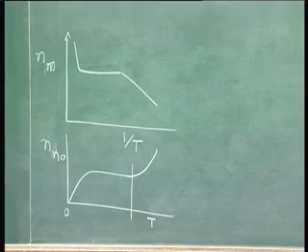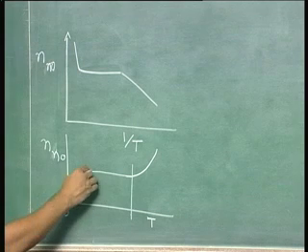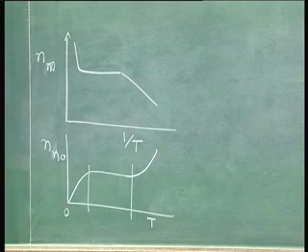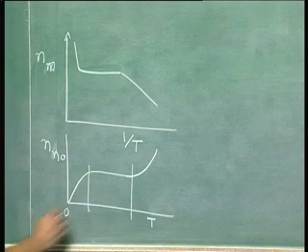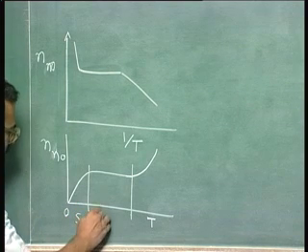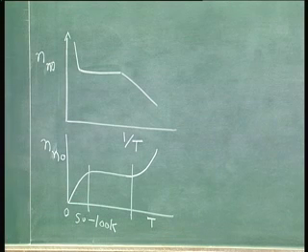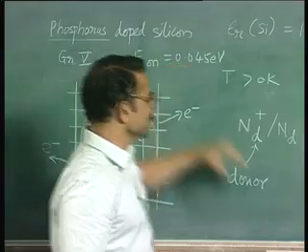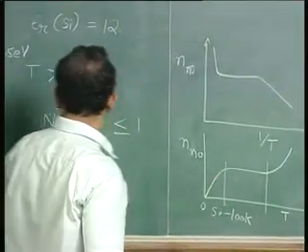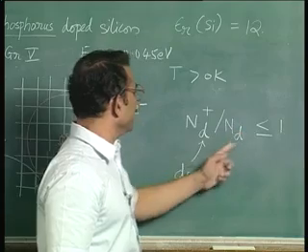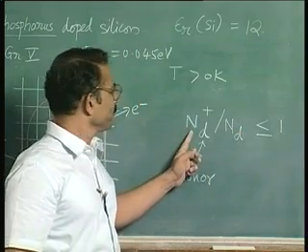So by a temperature maybe around 50 K to 100 K, the exact temperature depends on the value here. So for different impurities you have different ionization energies. By this time all the impurities are ionized, or Nd plus by Nd becomes almost equal to 1.